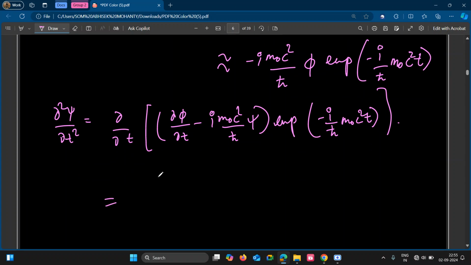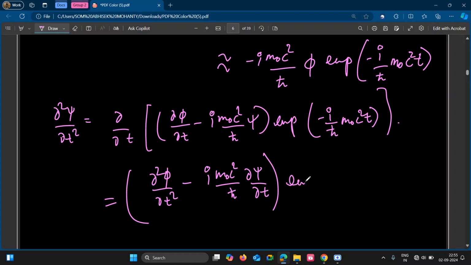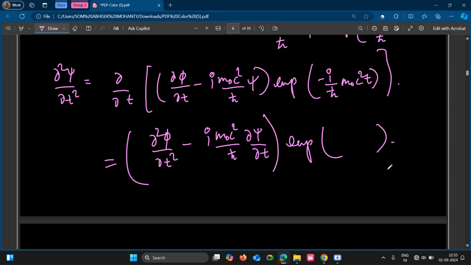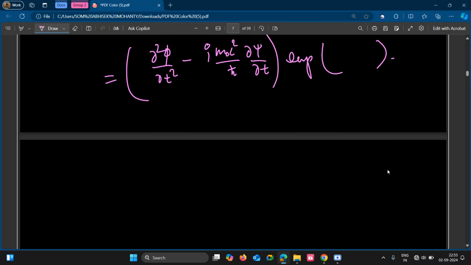So I have to take del square phi by del t square minus i m naught c square by h cut del phi by del t, and the exponential. You have to open it completely.